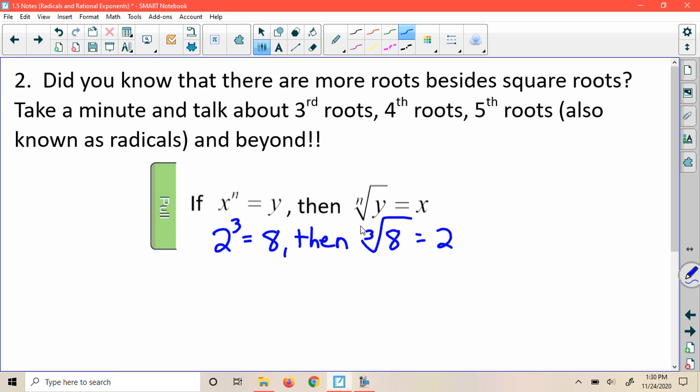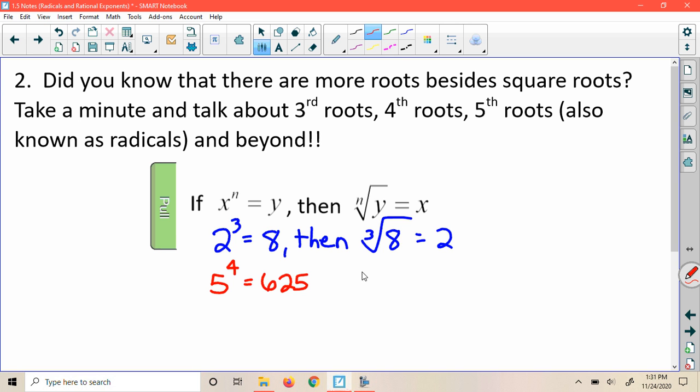Just like the square root is the opposite of squaring something, the third root is the inverse of doing something to the third power. And you can think of crazier numbers than that. We won't get too crazy for the examples, but if I had 5 to the 4th power, I believe that's 625.